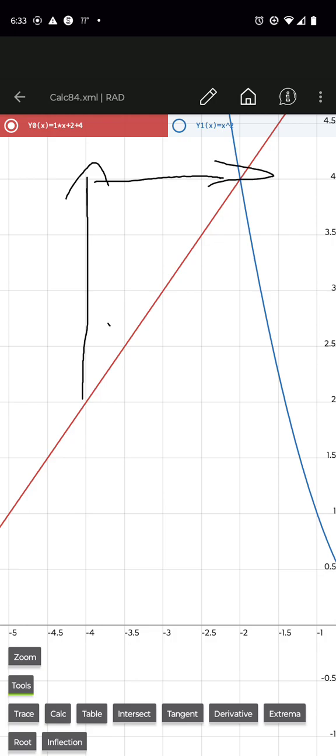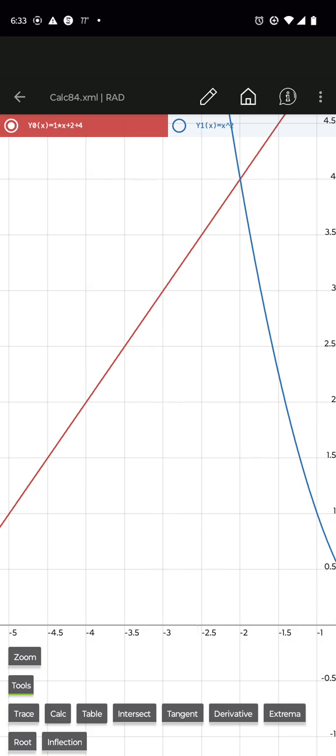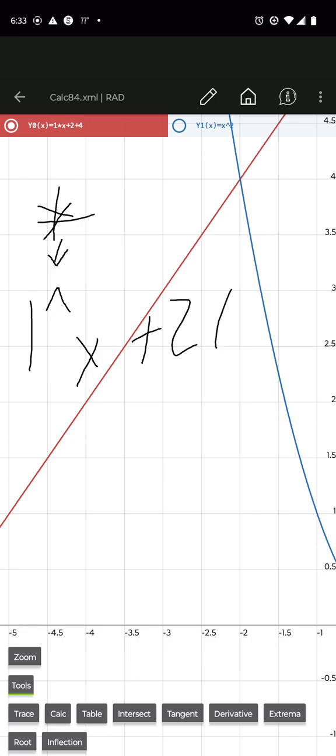Which technically still means that the slope is rise over run, 1. If you see on that, where it says 1, the star is a representation of this, x plus 2 plus 4. So that practically means 1, the slope.